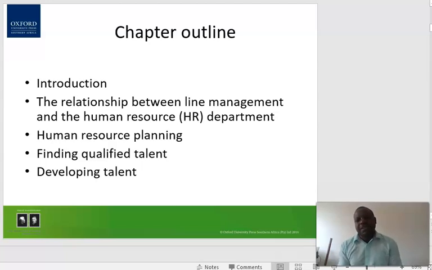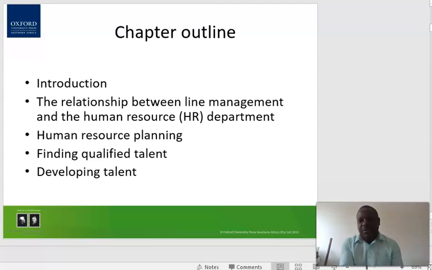So in terms of the chapter outline, we'll provide an introduction. Then we'll discuss the relationship between line management and human resource in the human resource department. Then we'll also look at human resource planning, finding talent, which is basically recruitment. Then from recruitment, we're also looking at developing that talent.